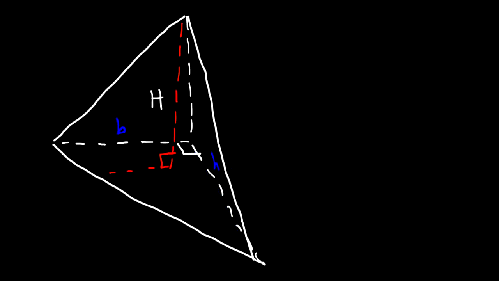So in the last pyramid that we dealt with, we had a square base pyramid, but here this is a triangle base pyramid. So we need the base and height to find the area of that base, the triangular base. Now to find the volume is 1/3 times the area of the base multiplied by the height.